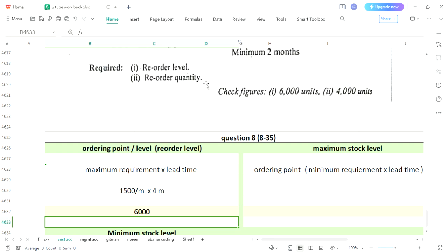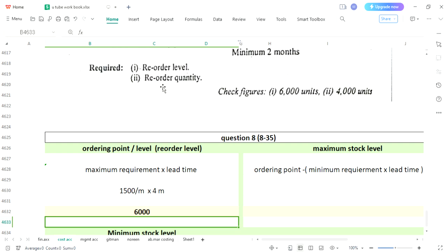Now second requirement is reorder quantity. As you know that economic order quantity has a formula, but we will not be using that formula in this chapter right now. Then how we will calculate reorder quantity? The common sense which we have used in previous solution of question, reorder quantity is present in only one formula.